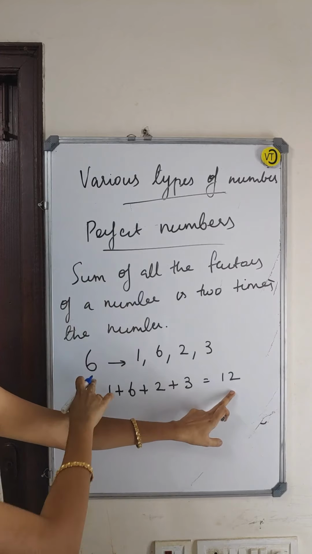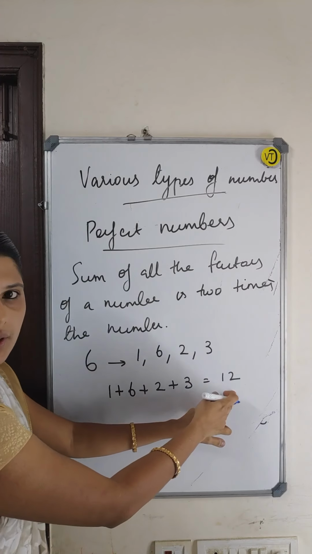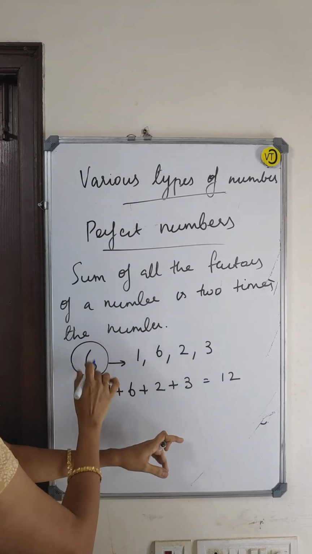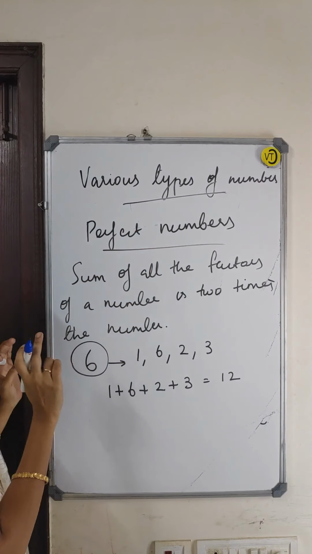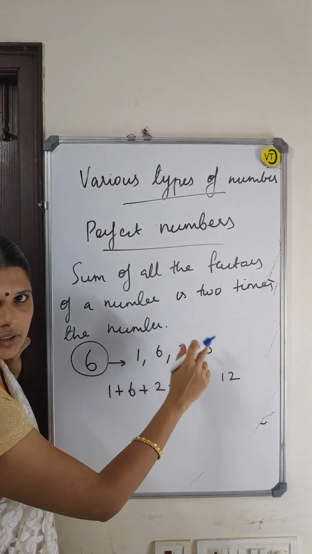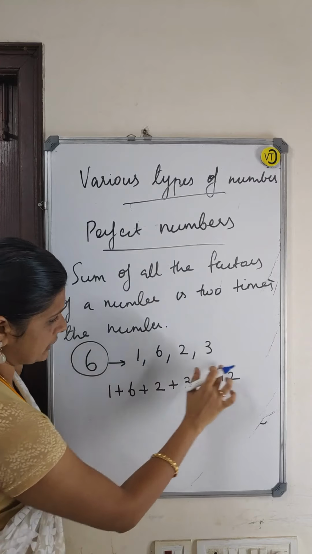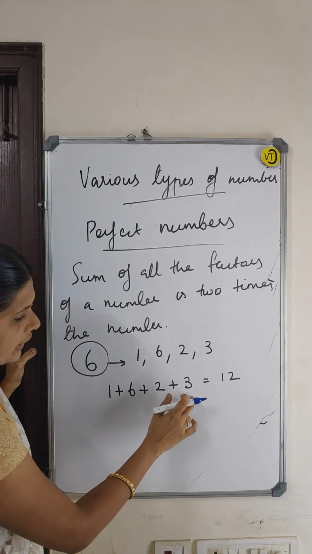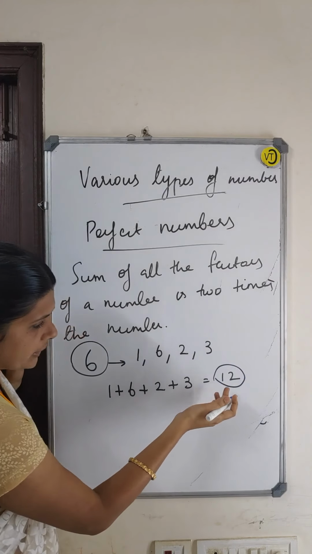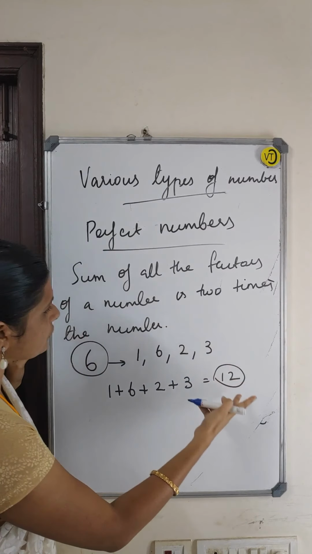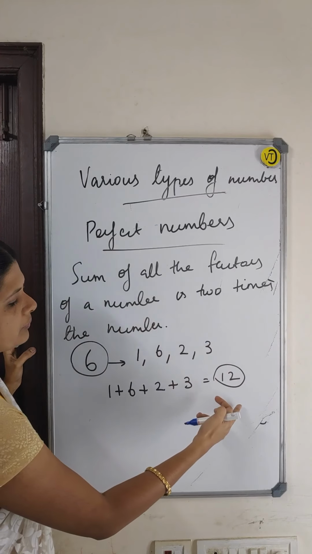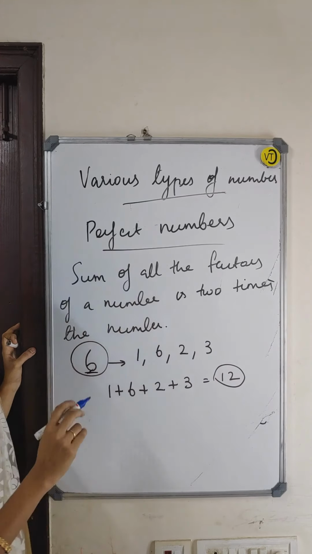This 12 is twice this number, right? 6 into 2 is 12. So 6 is a perfect number. First write the factors, then sum them. Whatever number you get is twice that number. For 6, 12 will come, so I can declare 6 is a perfect number.